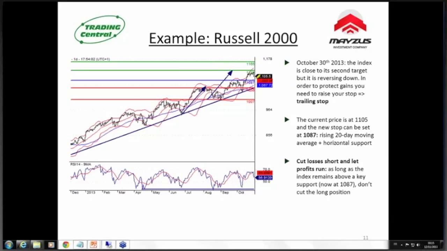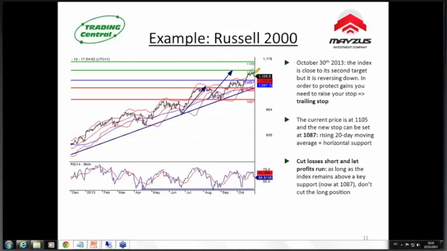So it was the first target, the first resistance, but the index has broken above this resistance and continued to accelerate on the upside. And now the index on October 30 is close to its second target I mentioned at 1130. But now on October 30, the index is reversing down, and it didn't reach the second target at 1130.